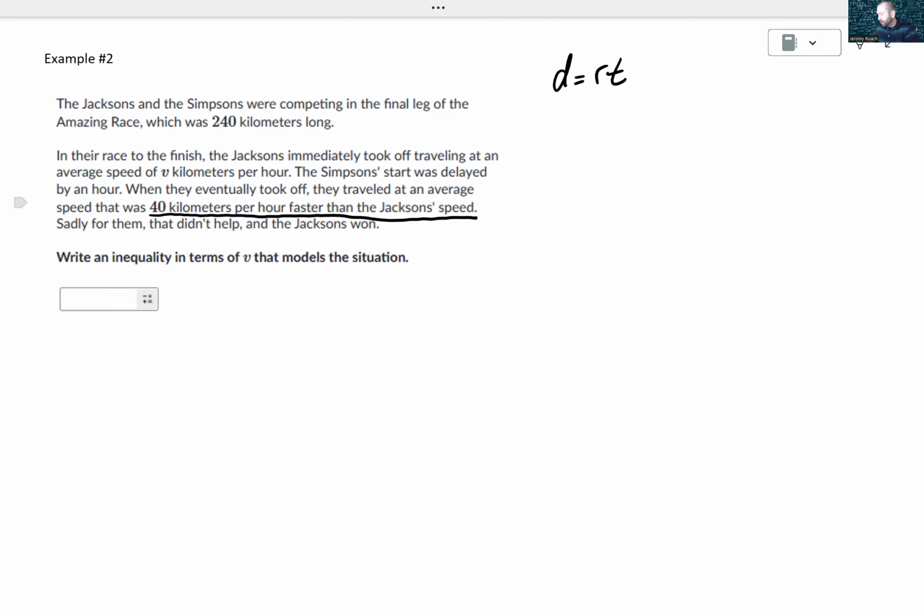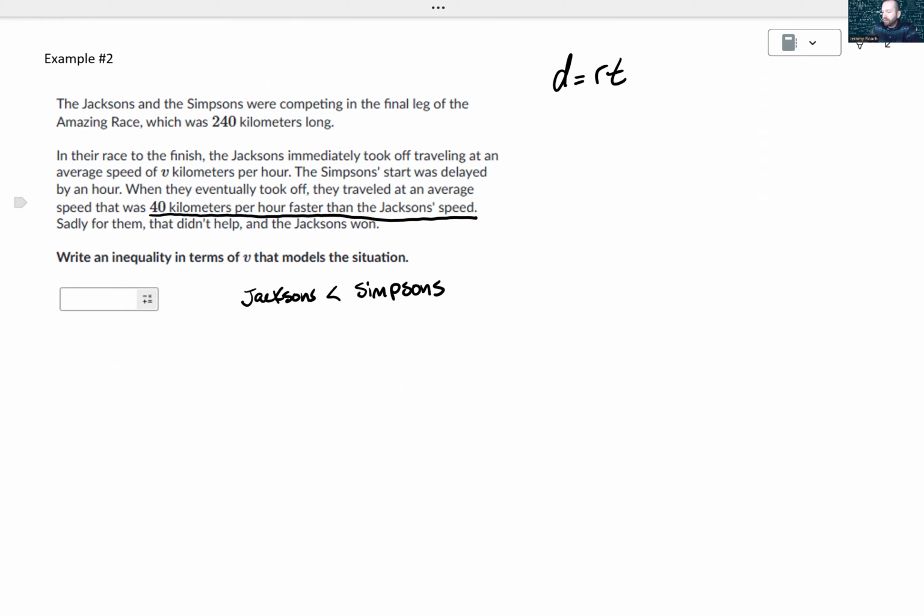So our last example had an equals. This example is going to have a less than or a greater than symbol. So the Jacksons won. So the Jacksons, whatever their time is going to be less than the Simpsons. So that's our first thing we can do to model this inequality.